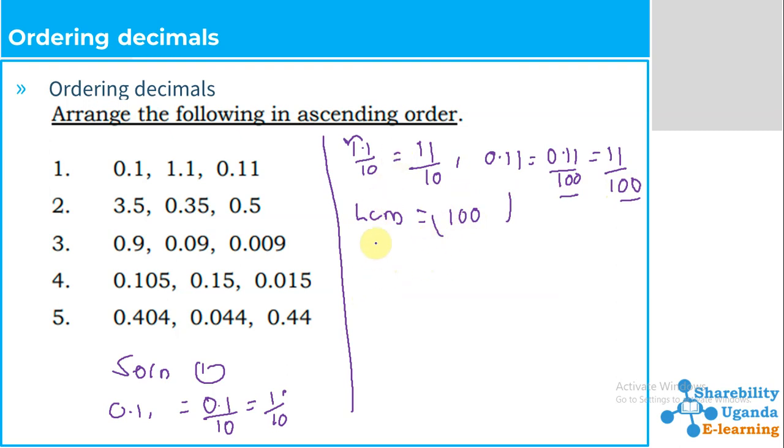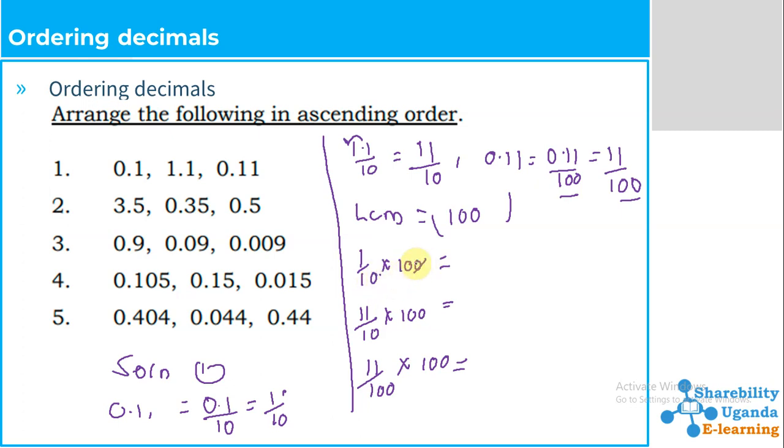Now if we have 1 out of 10 times 100, we shall get the answer. Then 11 out of 10 times 100. Then we also have 11 out of 100 times 100. So here we should get our corresponding answers.